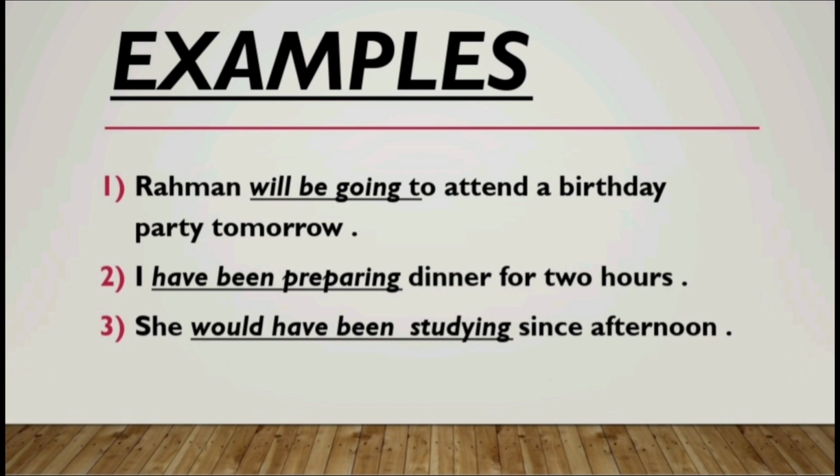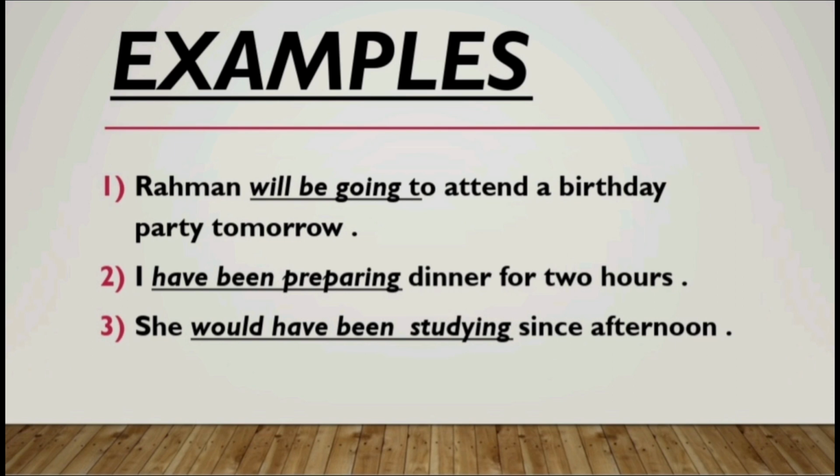Then you have another example: I have been preparing dinner for 2 hours. It tells that for a particular duration of time the action has been performed, therefore this is the present perfect continuous tense.